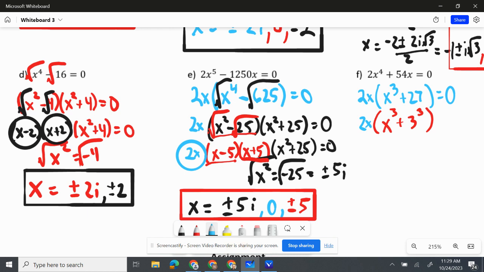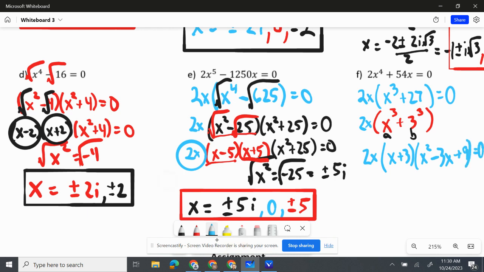And so my a value is x and my b value is 3. So when I rewrite this, I have 2x, and then I have x plus 3, x squared minus 3x plus 9, and then is equal to 0.